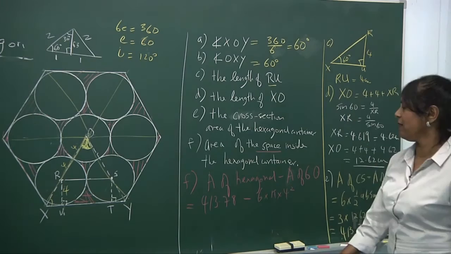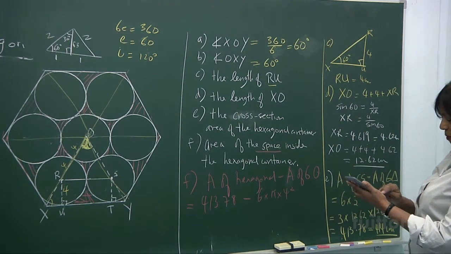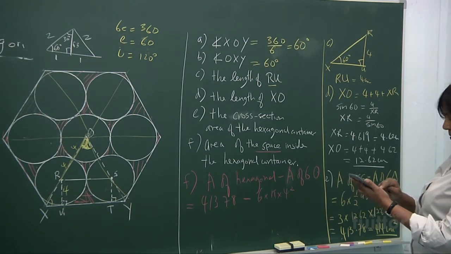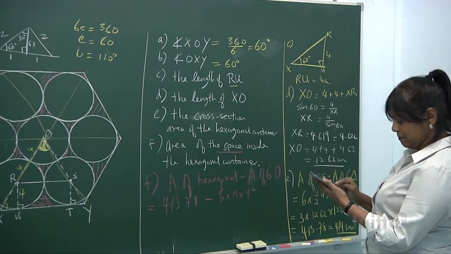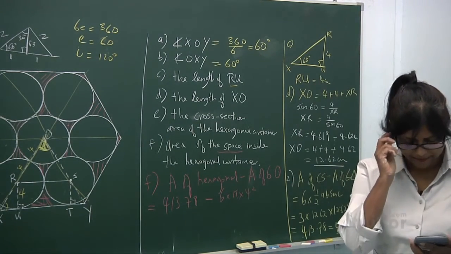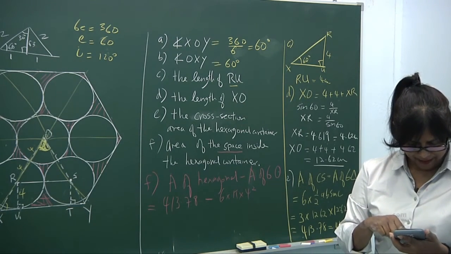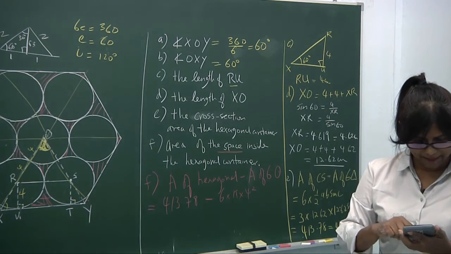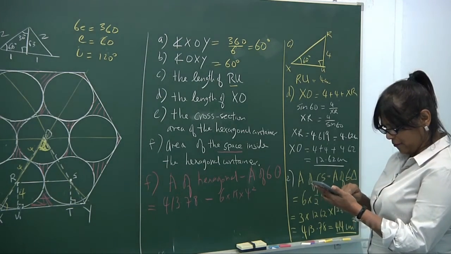Let's work that out. 413.78 minus 6 times pi times r squared, which is 16, 4 squared.